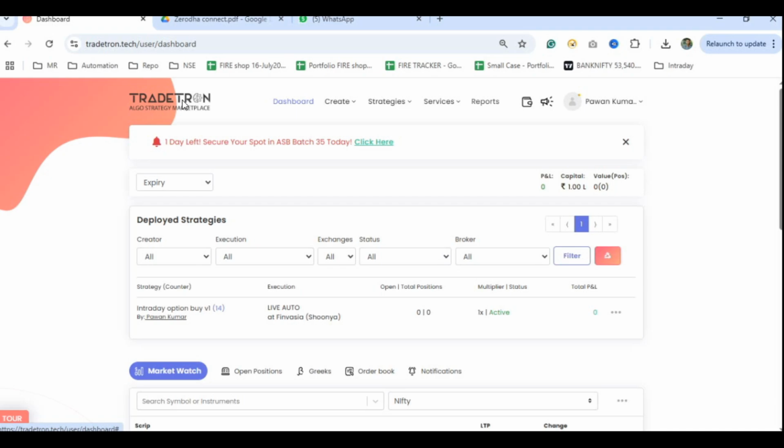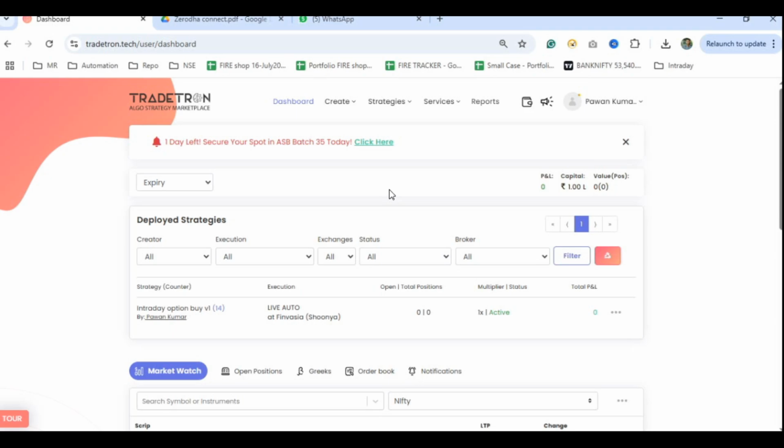There is a high probability of getting a lot of errors, like your broker disconnecting in the middle. All those headaches are taken care of by TradeTron, and it is very easy to use. You also have a mobile app for TradeTron, which makes it easy to connect with the broker and run your algo from anywhere, right?